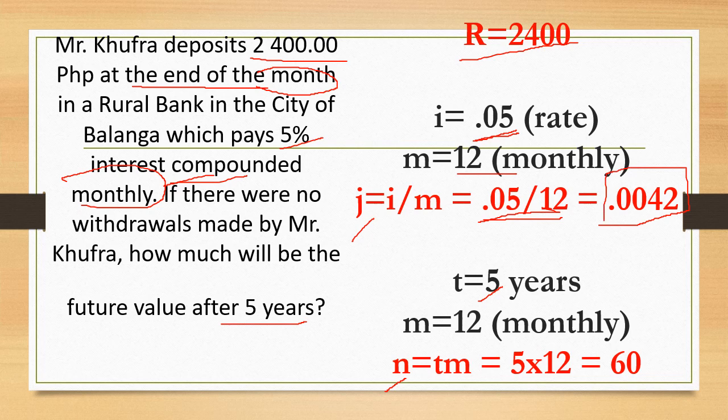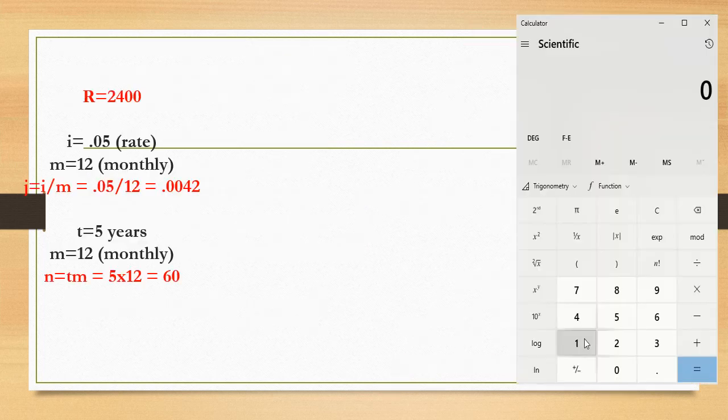Now for time, 5 years. Again, the frequency of conversion is 12. So N is equal to T times M, 5 times 12. So the number of payments is 60. Now using our formula, let us substitute once again.